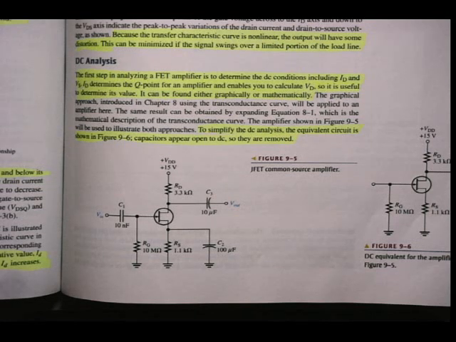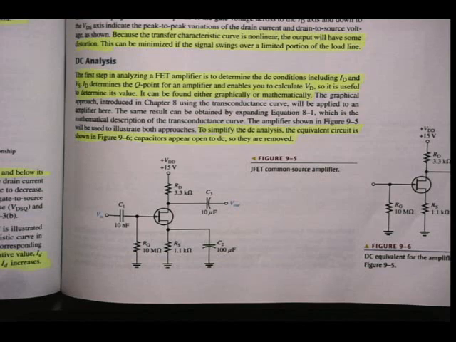And as we know, it can be found either graphically or mathematically, as we've seen in the previous chapter. The graphical approach introduced in chapter 8 using the transconductance curve will be applied in the amplifier here. The same result can be obtained by expanding equation 8.1. Remember, which says ID is equal to IDSS in brackets, then 1 minus VGS over VGS off, squared.